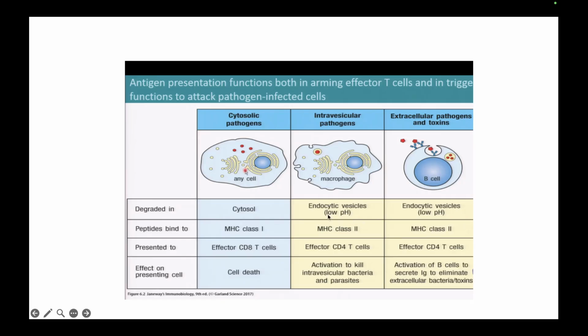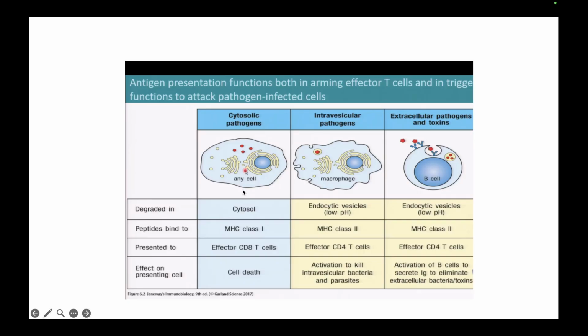They are processed or degraded in the endocytic vesicles at low pH, which is the acidic pH, and they are presented to the effector CD4 T cell. These can activate macrophages to kill intravesicular bacteria and parasites, and activate B cells to secrete immunoglobulin to eliminate extracellular bacteria or toxins.